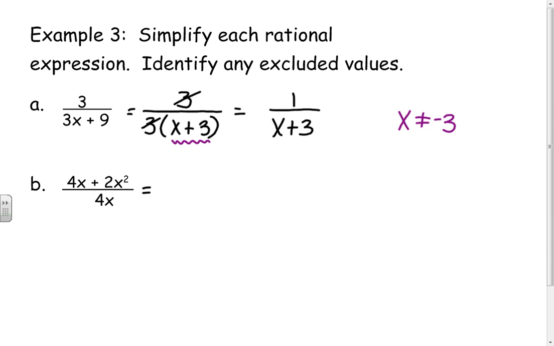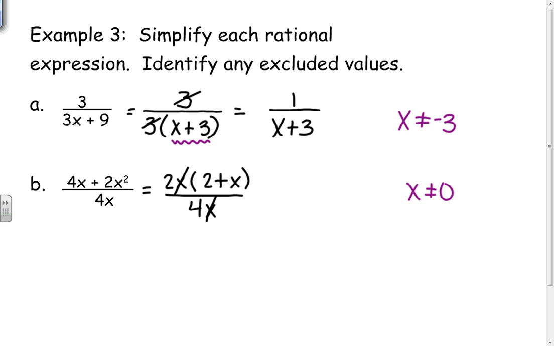All right, letter B. I'm going to factor the top first. The GCF there is a 2x, which leaves me with a 2 plus x. At the bottom, I have a 4x. So take a second once you factor and do your restrictions. X can't be 0. There's no addition or subtraction on the bottom, so it's just 0. The canceling on this one's a little odd.